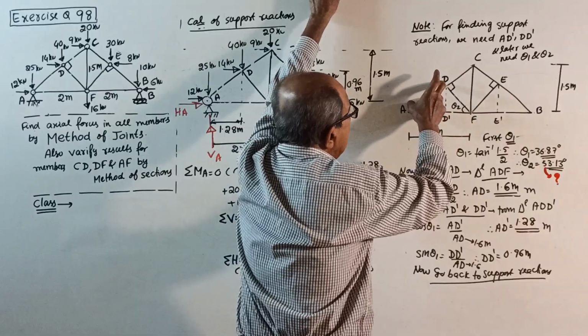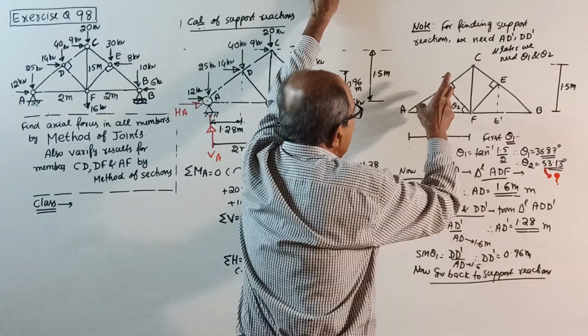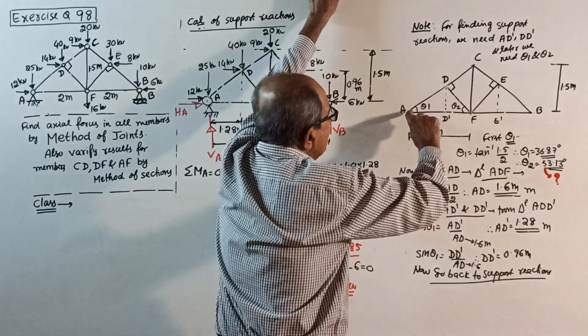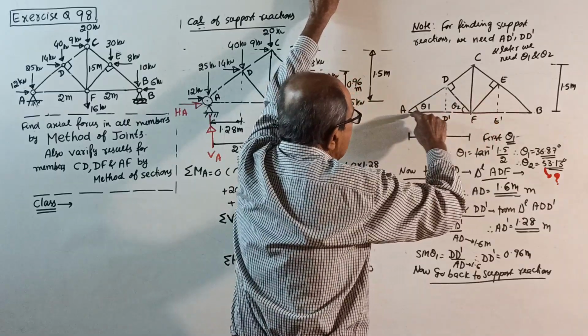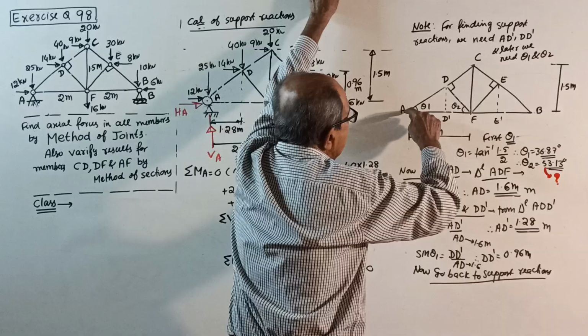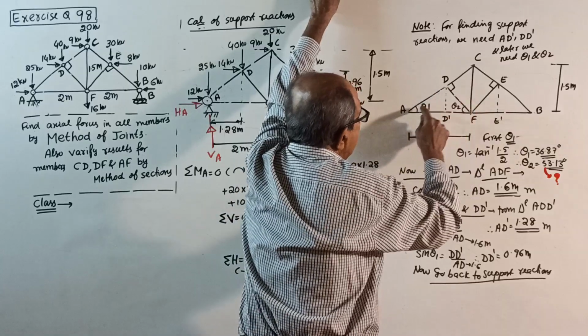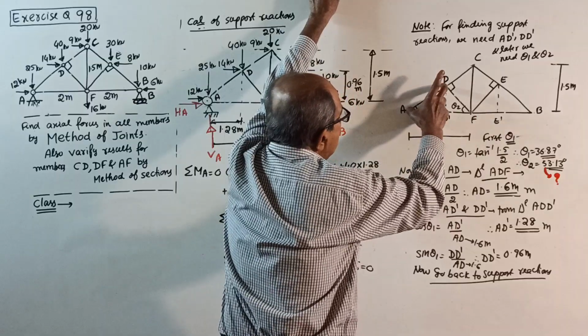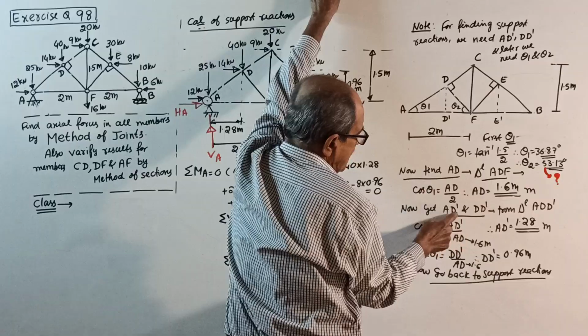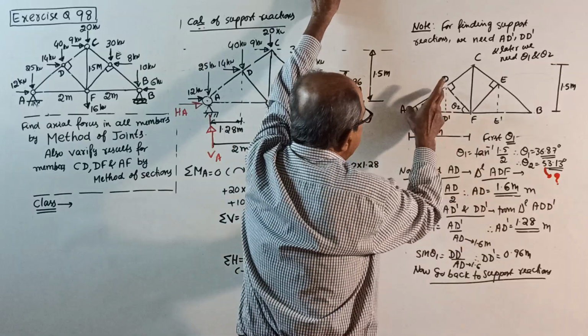So first you find the length of AD. To find the length of AD, consider the triangle ADF. ADF also is a right angle triangle. This is 90. So in this right angle triangle, cos theta 1 equals AD divided by 2. So you get the value of AD.